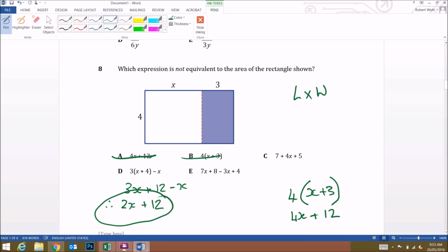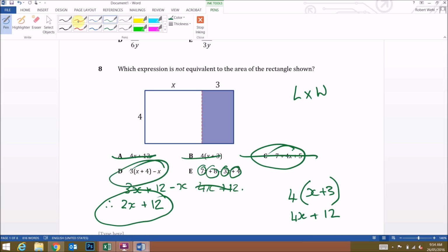We'll just check the other ones. Here, if we add the 7 and the 5 together, we get 12, so it's not that one. And here we've got 7x, take away 3x, gives us 4x, and then plus 8 and plus 4, which gives us 12. So that means that D is our answer for that one. It's not equivalent.